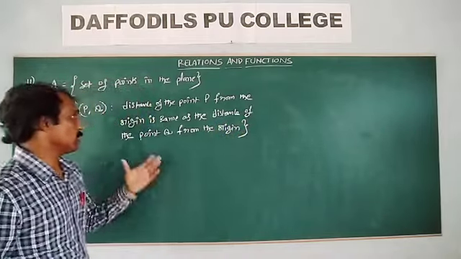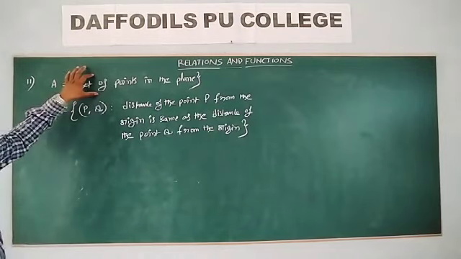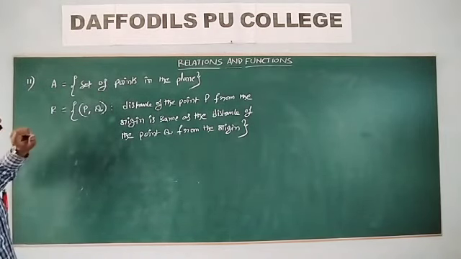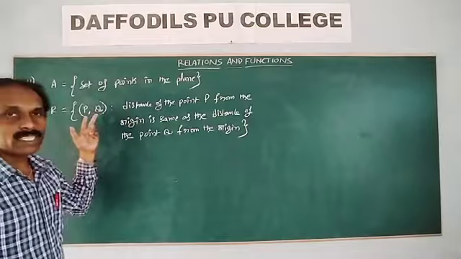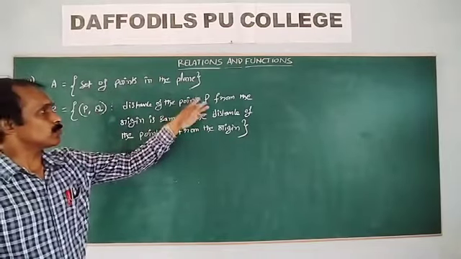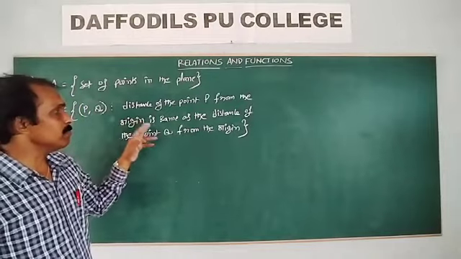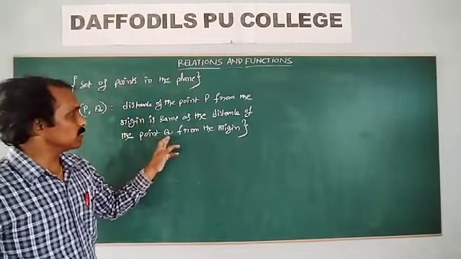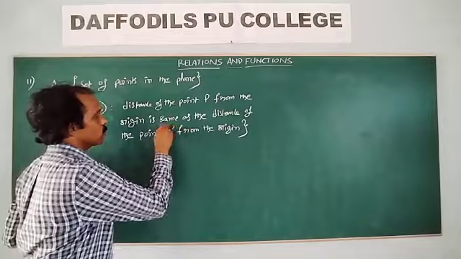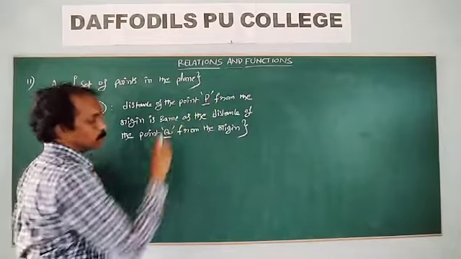This is the set of points in the plane, and this is the relation. Relation means the distance from the origin to P is the same as the distance from the origin to the second point. This is the Q point and this is the P point.